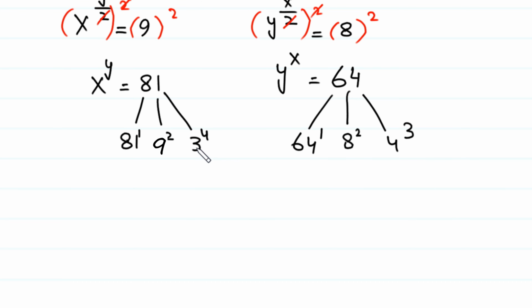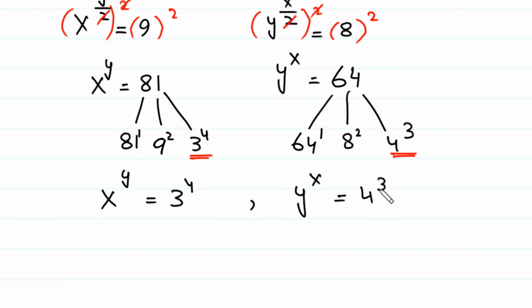We can see here 3 as base and 4 as power, and here 4 as base and 3 as power. So we select this one. We write x to the power y is equal to this form 3 to the power 4. This 81 can be written as 3 to the power 4. And from here y to the power x is equal to, this 64 can be written as 4 to the power 3.